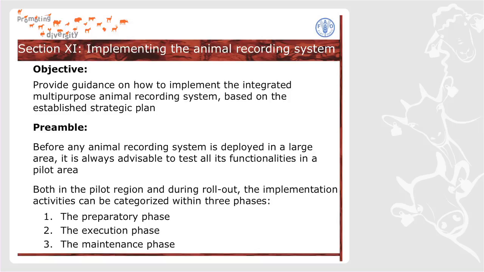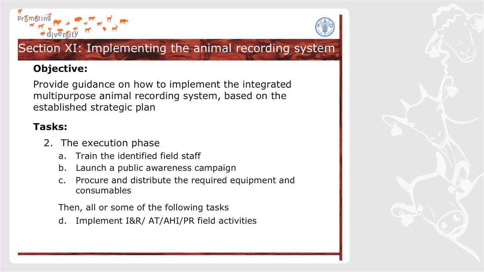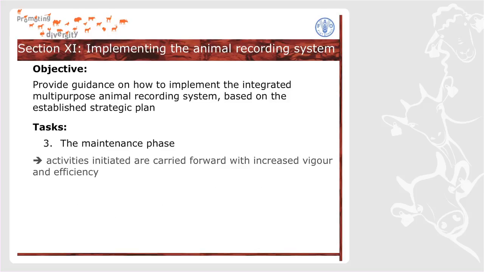Both in the pilot region and during the rollout phase, the implementation activities should be conducted in three phases: the preparatory phase, the execution phase, and the maintenance phase. Here we have the tasks and activities to be considered for the preparatory phase. We have the tasks and activities for the execution phase, and the maintenance phase is just a continuation of the other two phases.